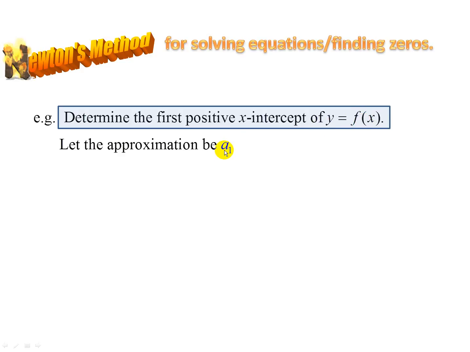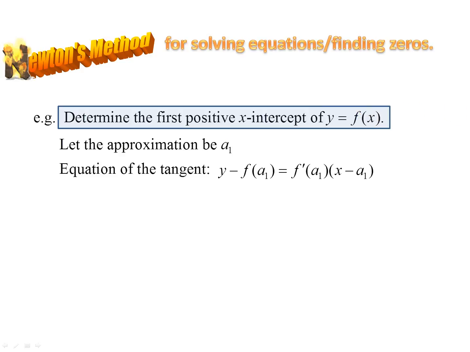We need the y value, so we substitute that into the original function. So there we are. y minus y1, well, y1 is a1 substituted into the original function, equals m, the gradient, substituted into the derivative, times x minus x1. And x1 is that value of a1.